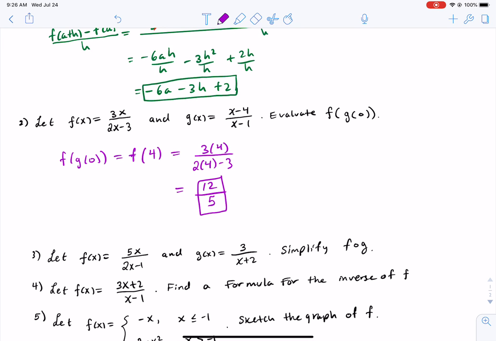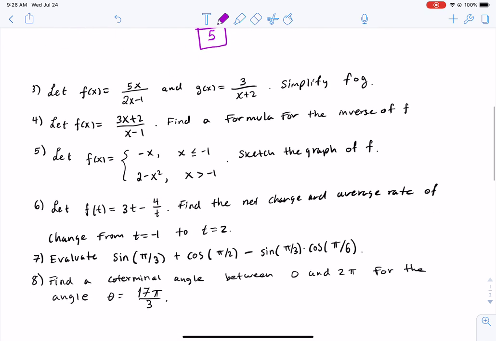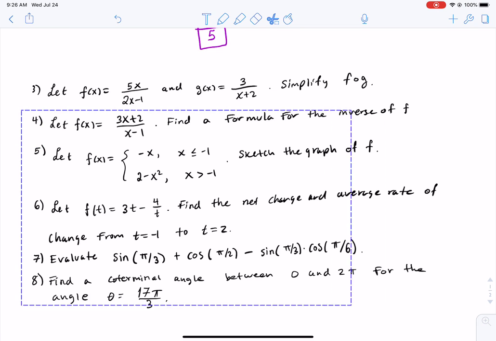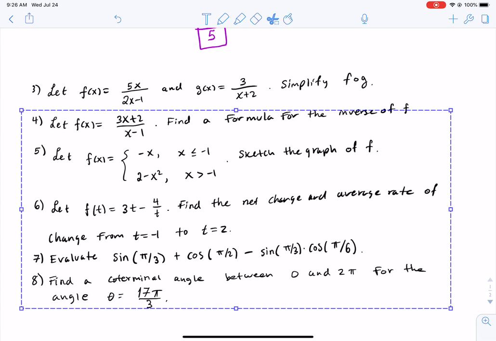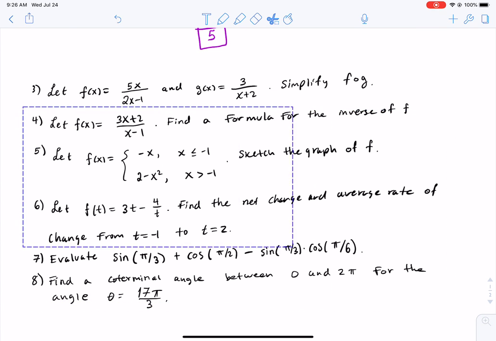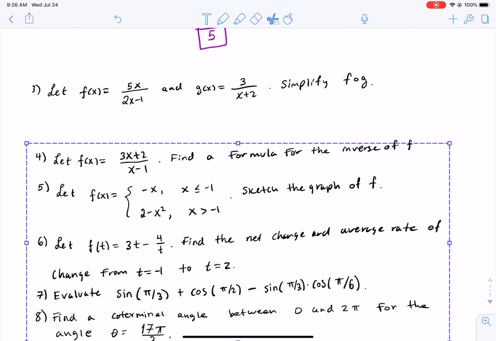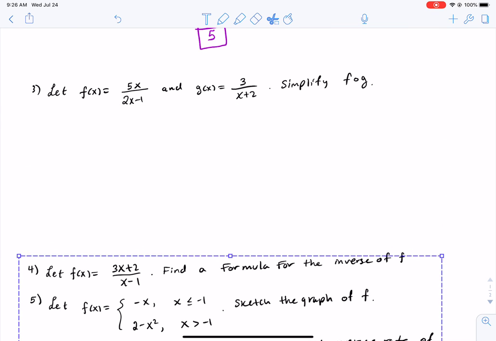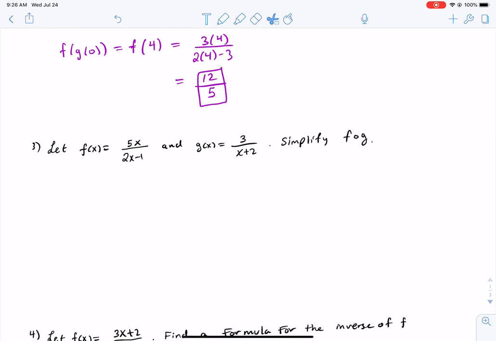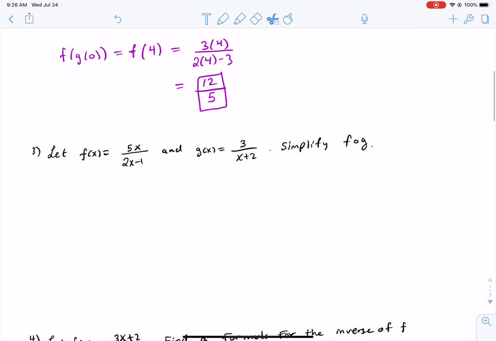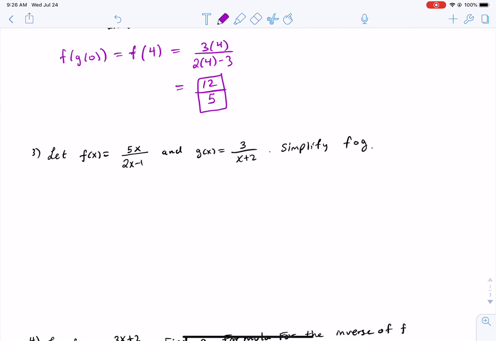So for number 3, let me move this down again. For number 3, we're given f of x and g of x and are asked to simplify the composition f of g. So for this one, we're going to have f of g of x.